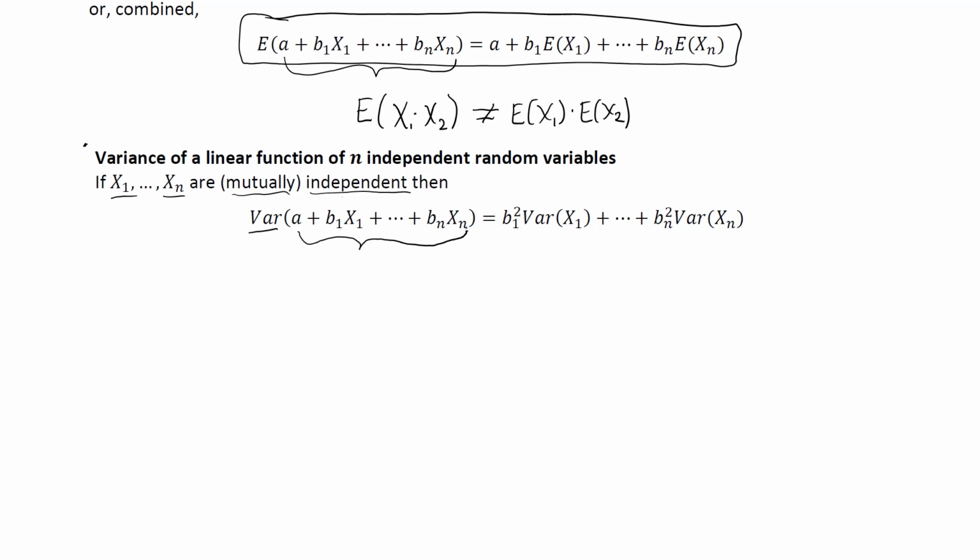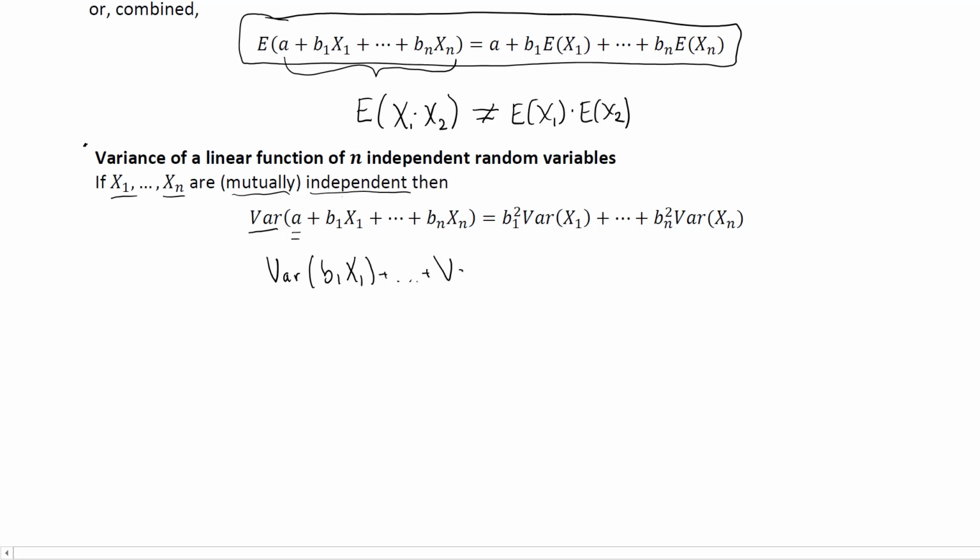And the formula on the right hand side, well, the first thing we see is that the result on the right hand side contains no a. A will disappear as it is a constant, and constants don't have a variance. The variance on the left hand side will become equal to the variance of b1 x1 plus and so on all the way to the variance of bn xn.